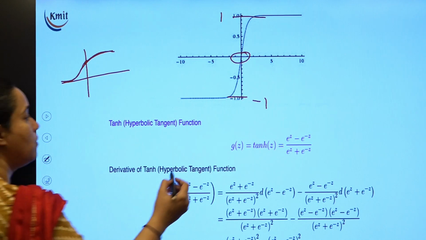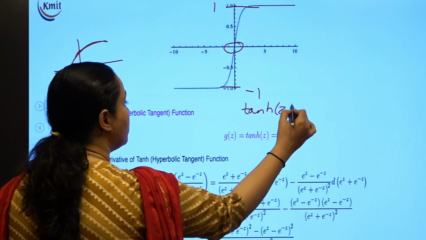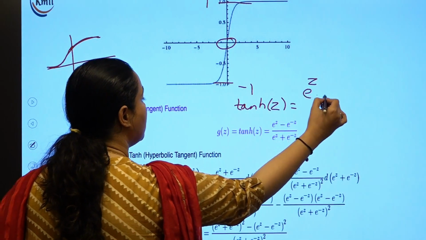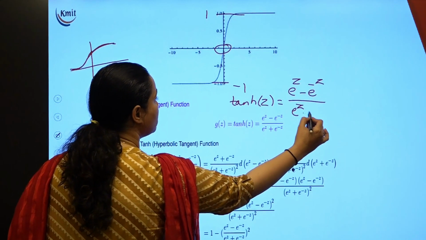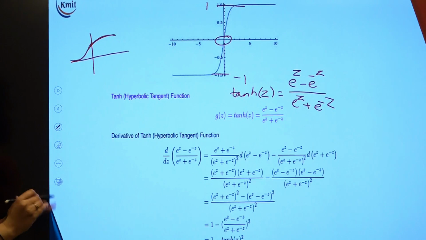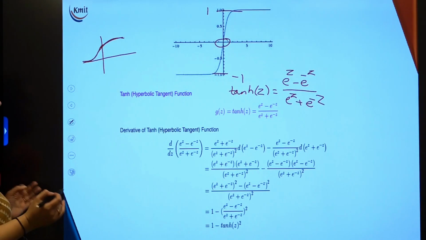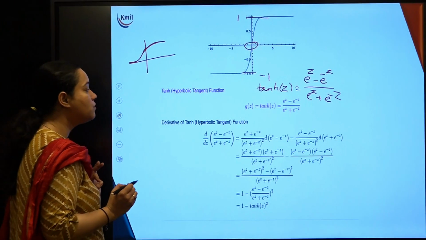So, I already told you here, I am using tan hyperbolic of z as e power z minus e power minus z. You can use e power x also, it does not make much difference. So, this is the formula, and I am going to derive it. Very simple, the u by v division rule of differentiation is what I have used here.